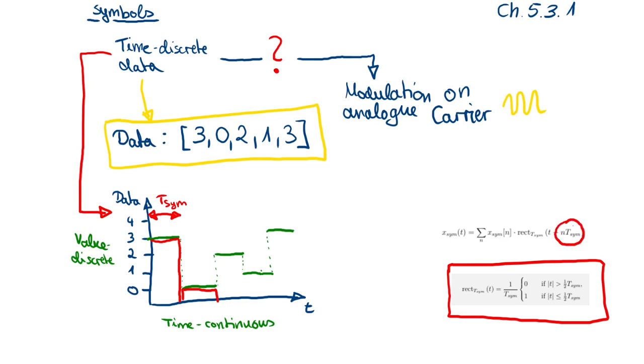So n is the symbol index, and the value at n is given here, and here is the rectangle function. And this is the formal definition of the symbol stream, which is a time continuous signal. And this time continuous signal can then be taken to modulate an analog carrier.